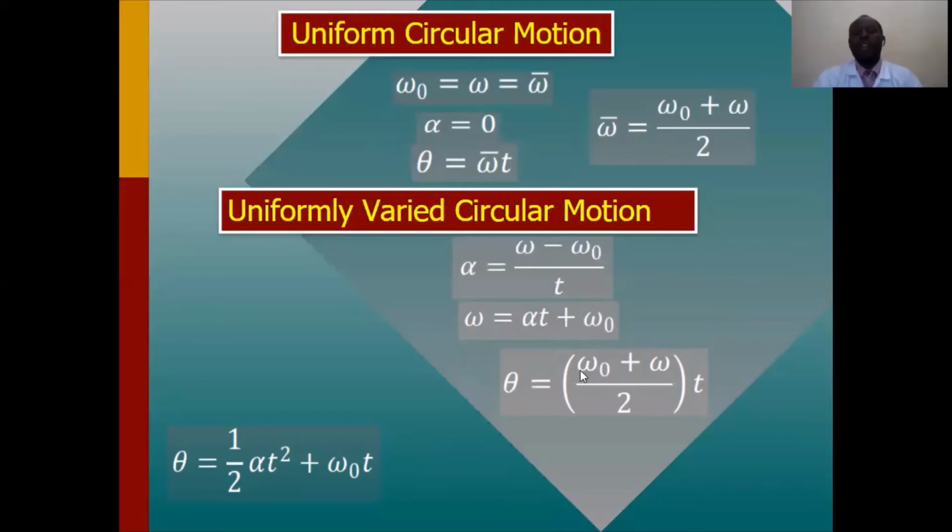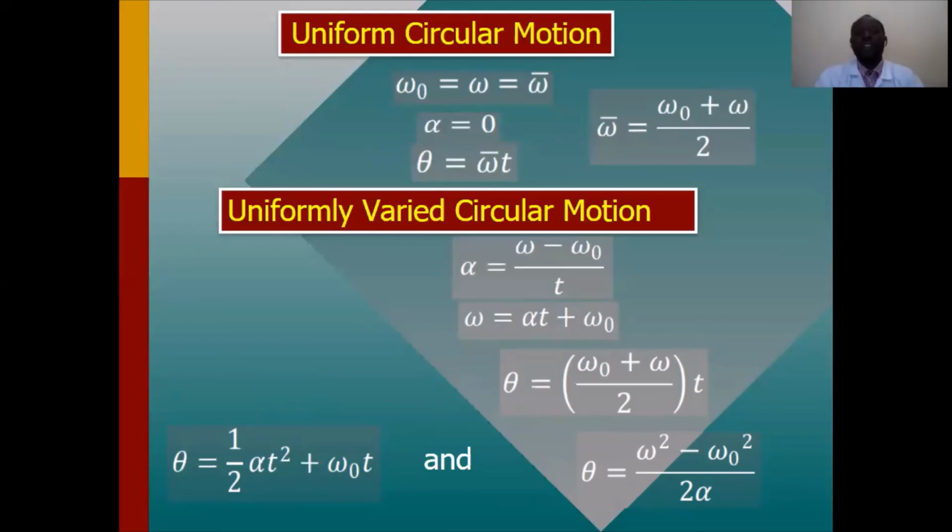Remember, from the linear motion, we have demonstrated this. One formula is the angular position theta equals a half of angular acceleration times t squared plus initial angular velocity times t. And we also have the angular position equal to the final angular velocity squared minus the initial angular velocity squared, divided by 2 times angular acceleration.